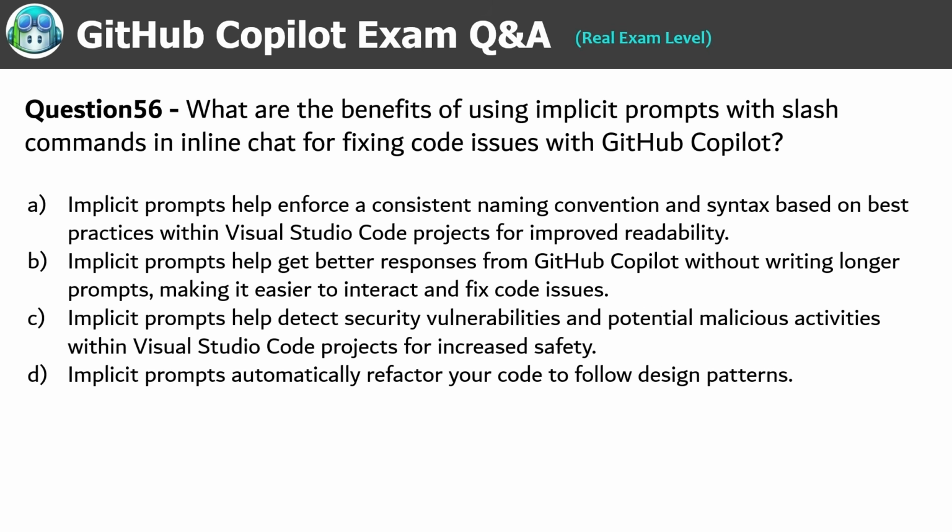Question 56: what are the benefits of using implicit prompts with slash commands in inline chat for fixing code issues with GitHub Copilot? And the answer is B. Implicit prompts help get better responses from GitHub Copilot without writing longer prompts, making it easier to interact and fix code issues.